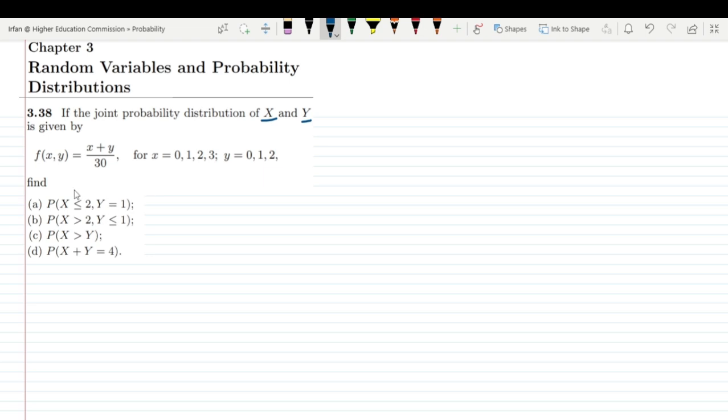So before going into each part of this question, let us first draw a table for the values which are given here. So in order to do so, let me write here different values for x and y. Let me call it x, and here we have y.